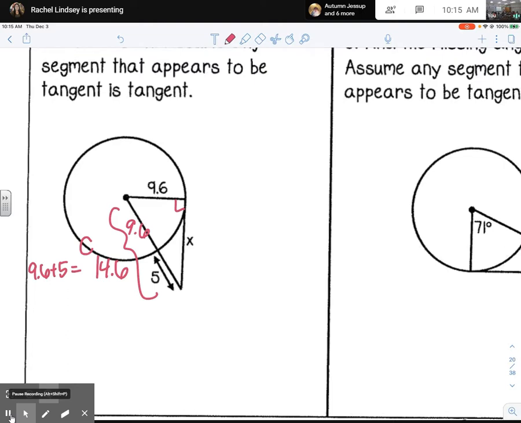So I'll set up the Pythagorean theorem with that. x squared plus 9.6 squared equals 14.6 squared.